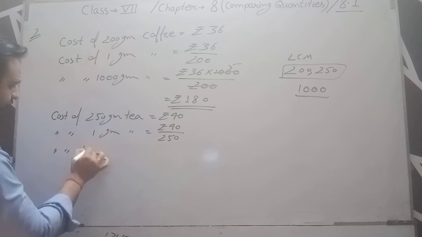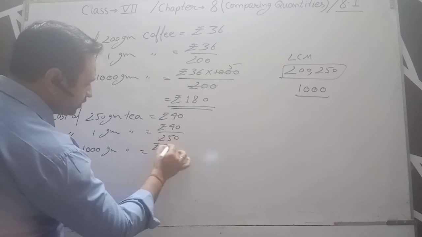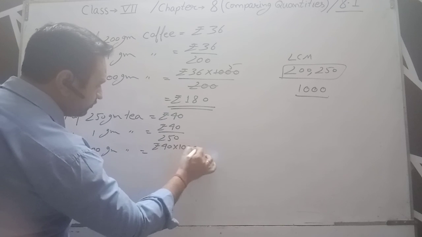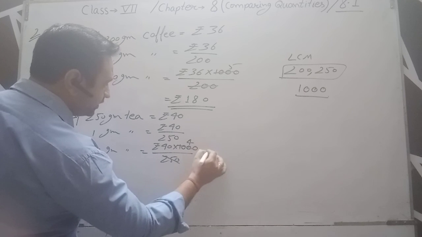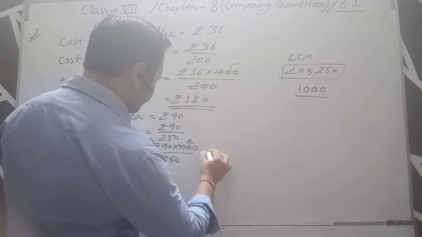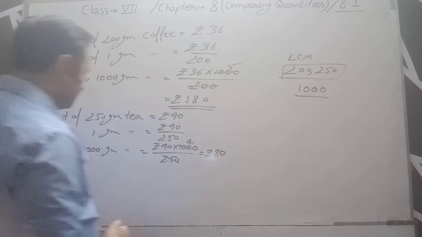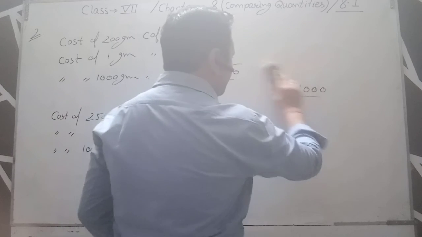Cost of 1000 gram tea is ₹40 multiplied by 1000 upon 250, and it is obviously ₹80. तो 1 किलो टी कितने रुपए की अवेलेबल है? ₹80 की. नाउ वी हैव टू फाइंड आउट रिक्वायर्ड रेशियो.